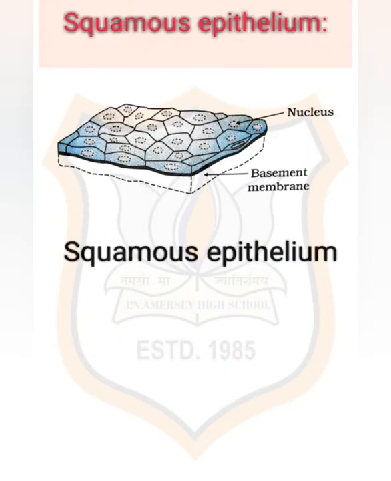Depending on the function, epithelial tissue is subdivided. So, the first part, squamous epithelium, subdivided into two subtypes, that is simple squamous epithelium and stratified squamous epithelium. So, what is it? Let us discuss.